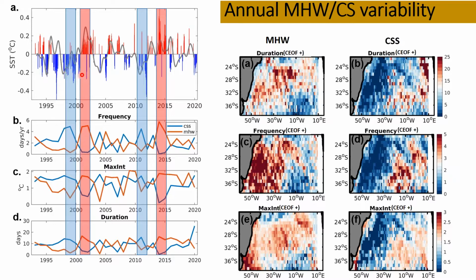So when it's negative, we have very little frequency, intensity and duration of marine heat waves, whereas we have the opposite sign for the cold spells.